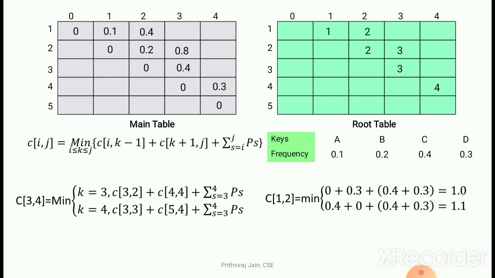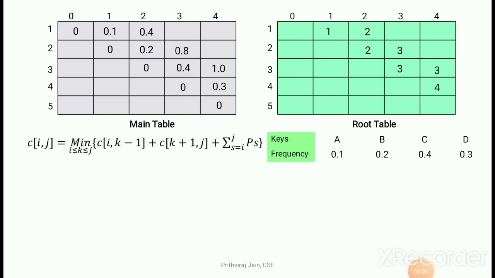Sorry, I made a mistake here. It must be C of 3 comma 4, which is equal to minimum of 1.0 and 1.1. So C of 3 comma 4 value should be 1.0. So we will get the value as 1.0, and 1.0 is the value that we got when k is equal to 3. So we will update it in the root table as 3.